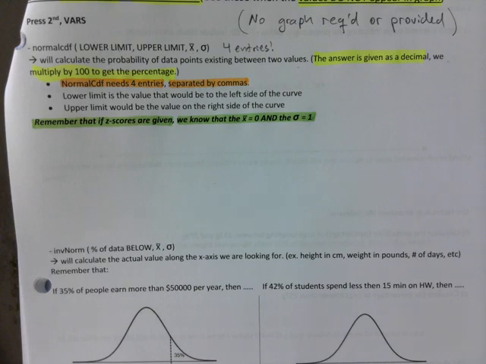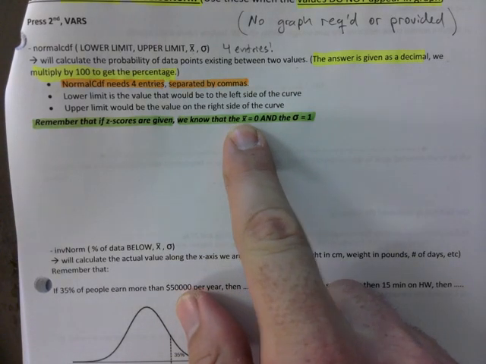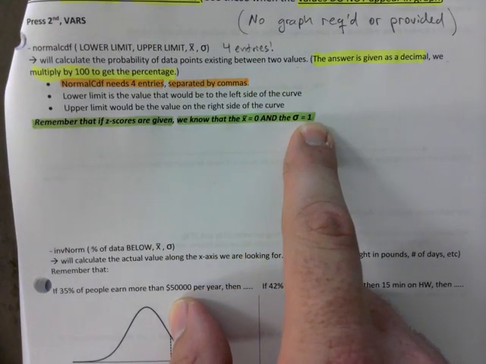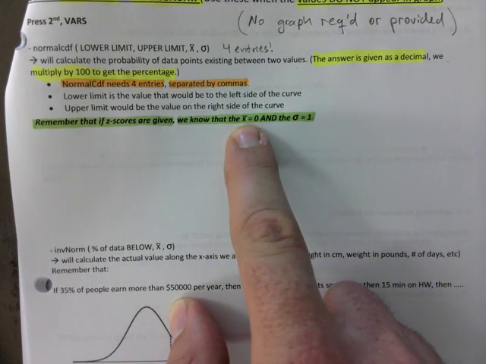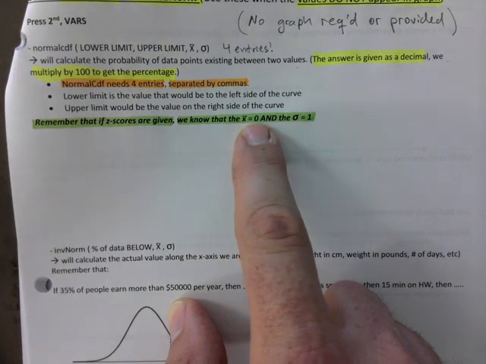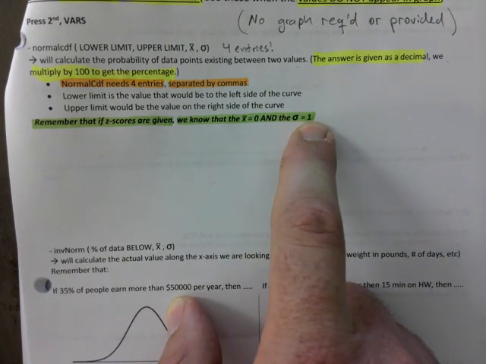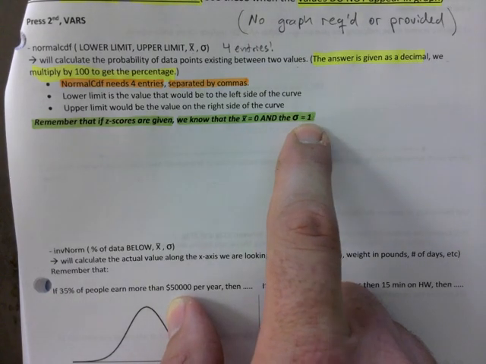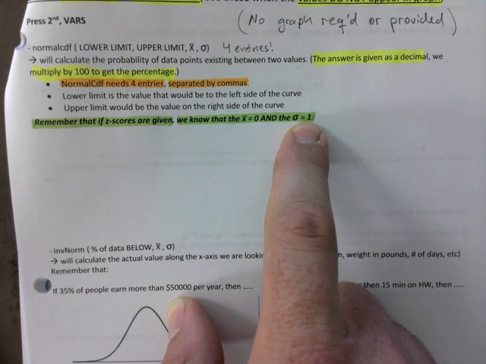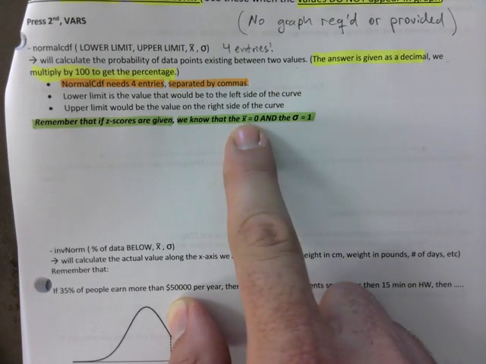If I give you a z-score, I do not have to tell you what the mean and the standard deviation is. We know that, right? Because the z-scores have a 0 right underneath the mean. Underneath the mean, we put a 0, and then we go up by 1 to the right or down by 1 to the left. Okay? Remember this fact.